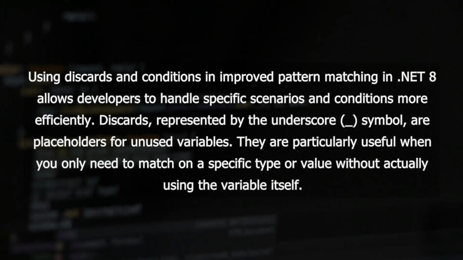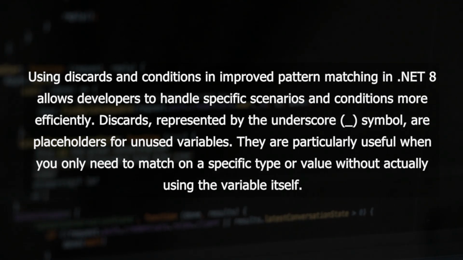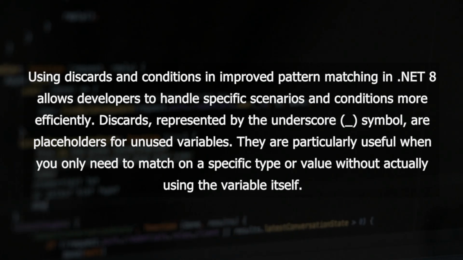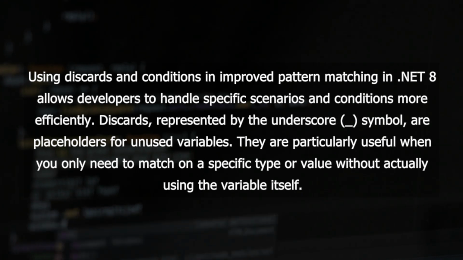Using discards and conditions. Using discards and conditions in improved pattern matching in .NET 8 allows developers to handle specific scenarios and conditions more efficiently. Discards, represented by the underscore symbol, are placeholders for unused variables.